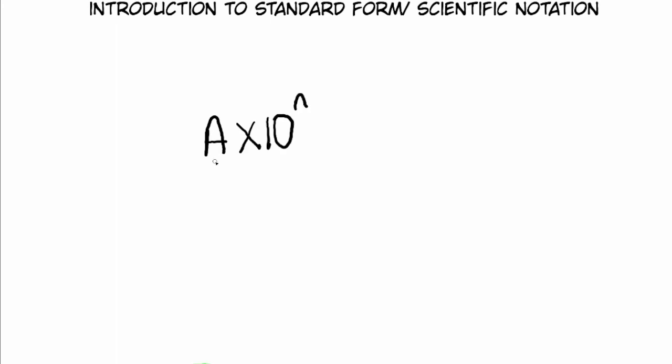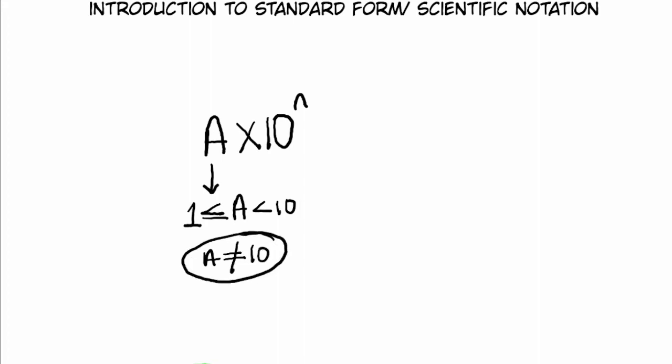Where a is any number that is equal to or greater than 1 but less than 10. Therefore, a cannot be equal to 10. N is the power of 10.